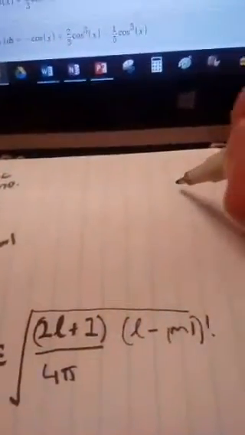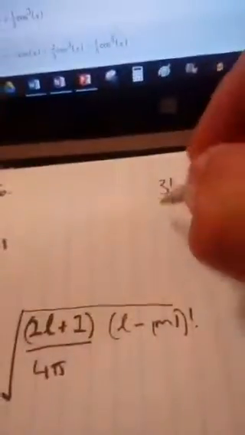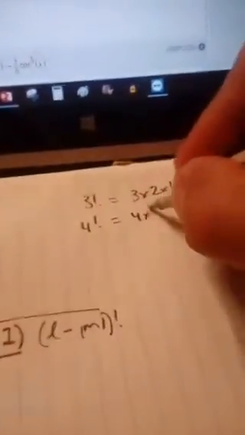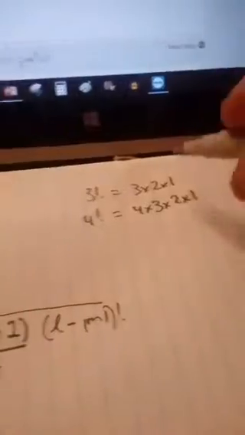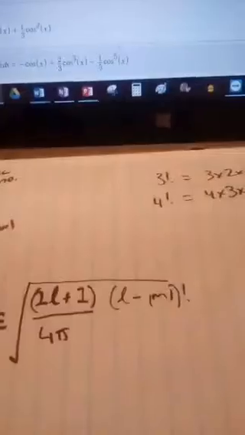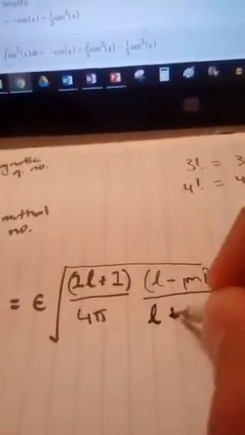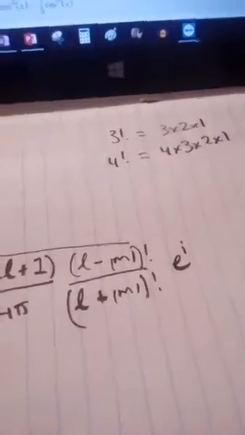If anyone knows what factorial is, for example, 3 factorial equals 3 times 2 times 1, and 4 factorial equals 4 times 3 times 2 times 1. This type of number actually appears a lot in nature. Now that is over l plus the absolute value of m factorial, multiplied by e to the i, and you remember i is the two-dimensional number.